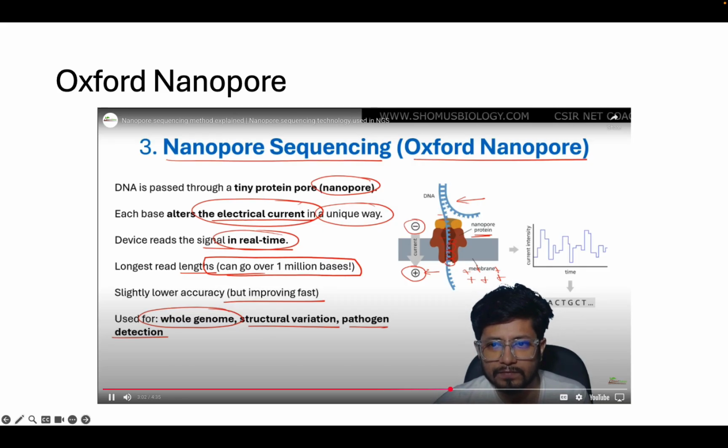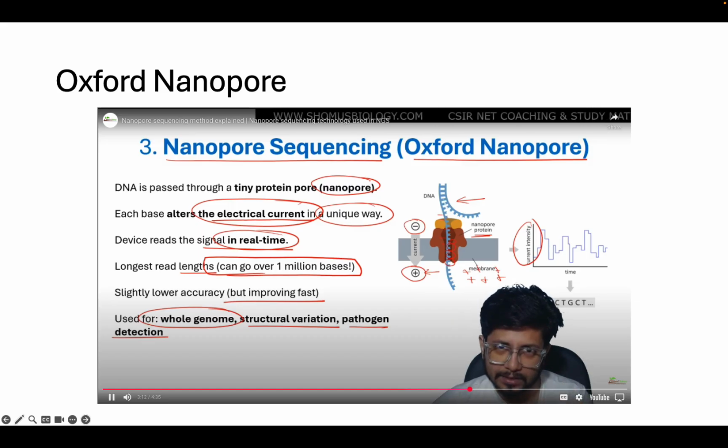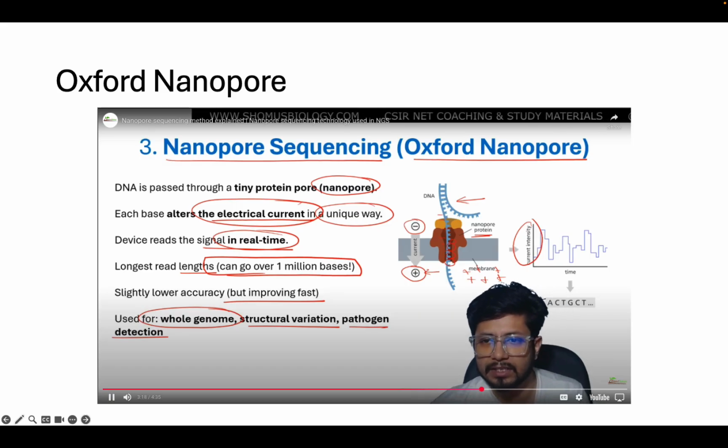So this change of the current intensity as the bases pass by, the way A changes the signal is not the same as the way G will change, or C will change, or T will change. For all the different bases, the change will be different. The current intensity will be different.